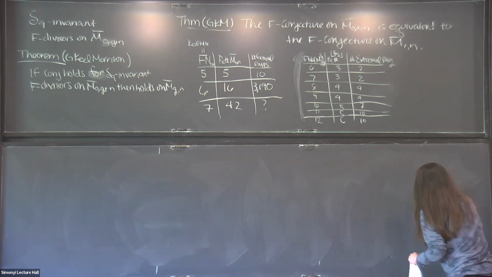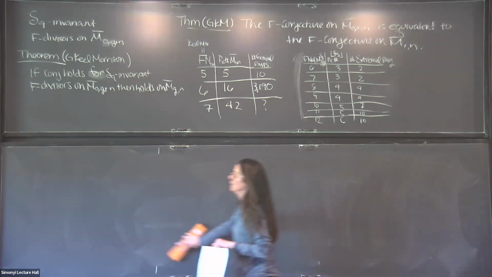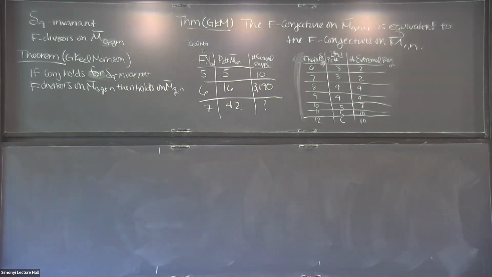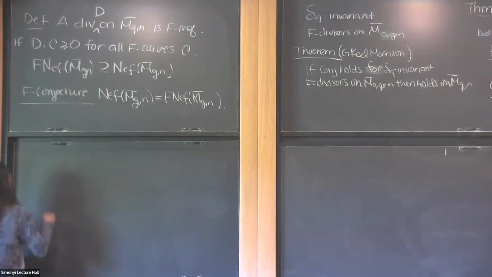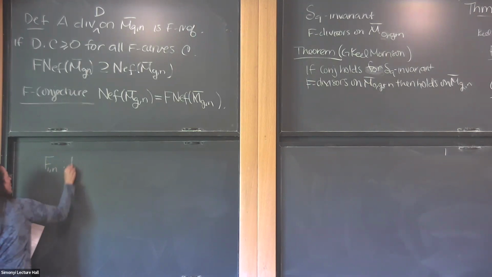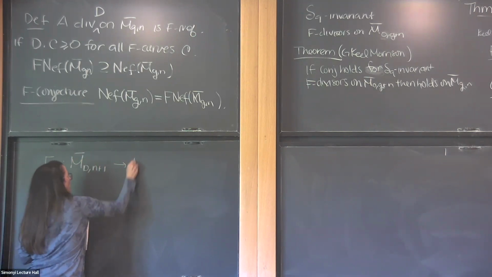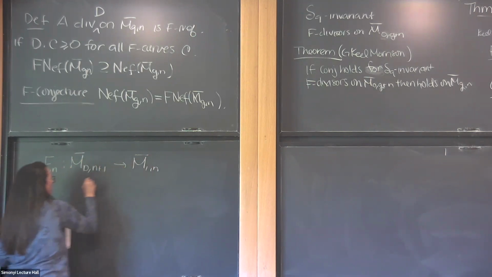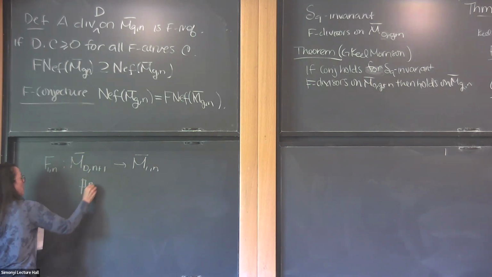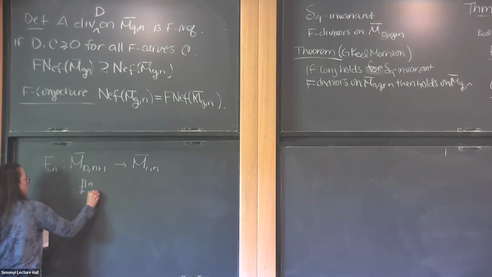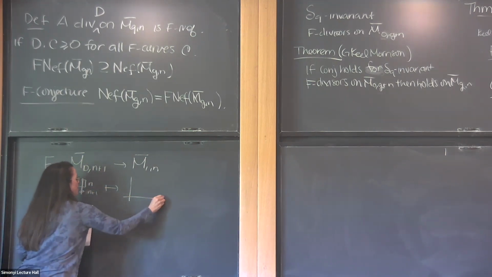And then I'm going to state a proposition. So maybe I'll put it over here so we can keep it up, since I don't think I'm going to be moving this board up and down very much. So we have to remember this map from M0,n+1 to M1n. And the map just takes the genus 0 curve with n points and this plus 1 point, and it attaches a genus 1 curve.